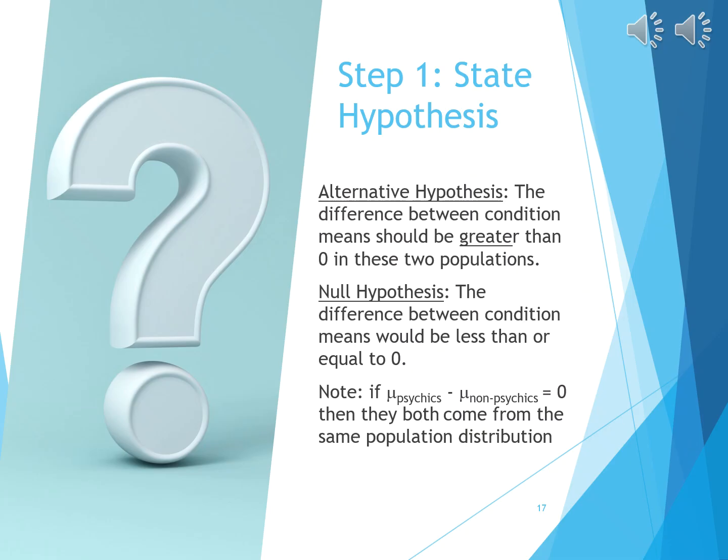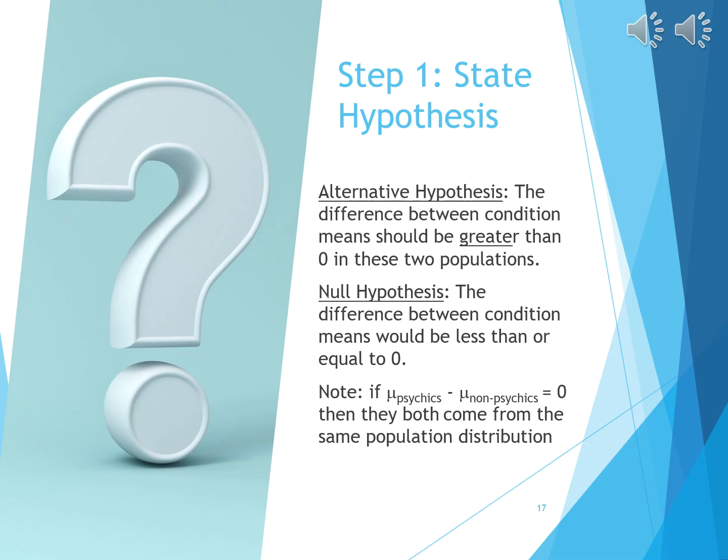And a quick note here, if it turns out, after we do our hypothesis testing and make a decision, that there is not a significant difference between the mean accuracy for these two populations, they in fact probably are not from two different populations in the beginning. Yeah, we purposely sampled people who identify themselves as psychics and people who identify themselves as non-psychics, but ultimately, in reality, maybe those groups are the same, because maybe nobody has any psychic powers at all, right?